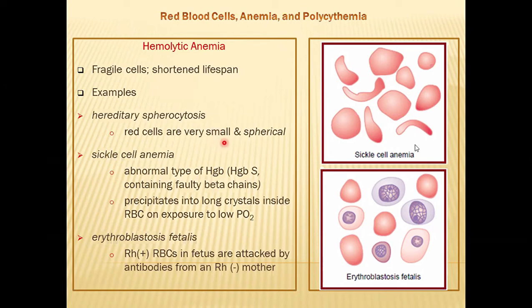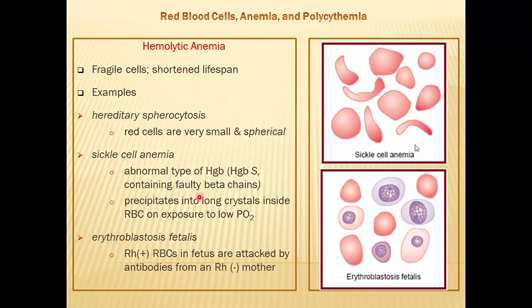And then another condition is sickle cell anemia. You look at the RBC, this one is sickle cell. So the RBC appears like a sickle. It contains the abnormal type of hemoglobin S, and it contains a faulty beta chain.